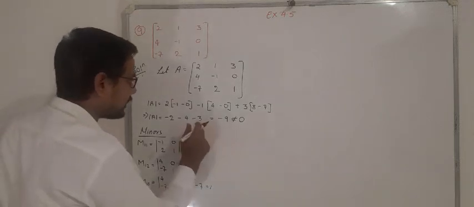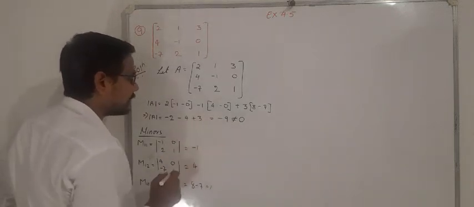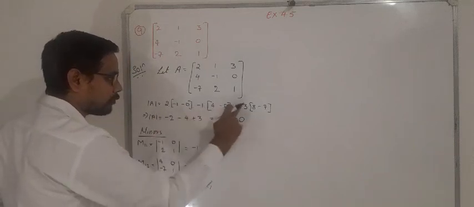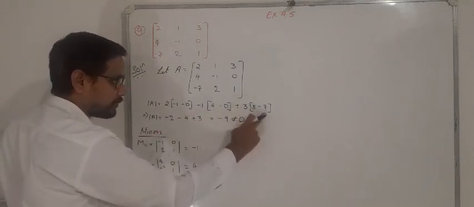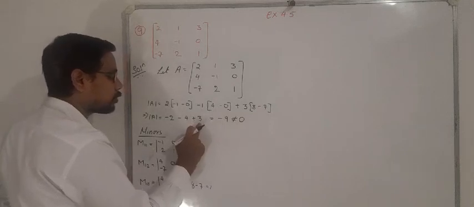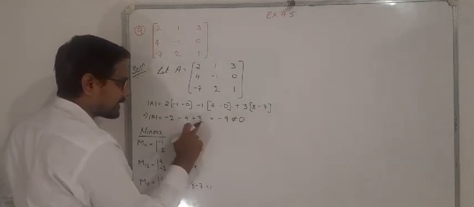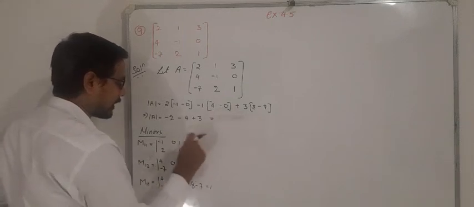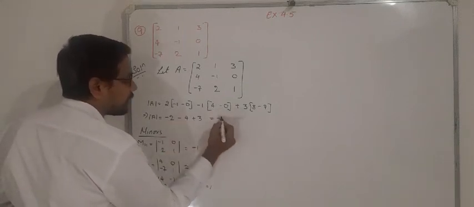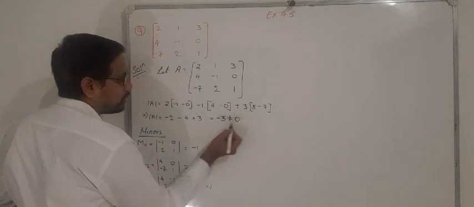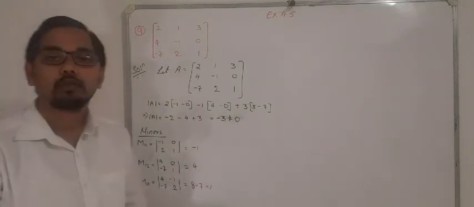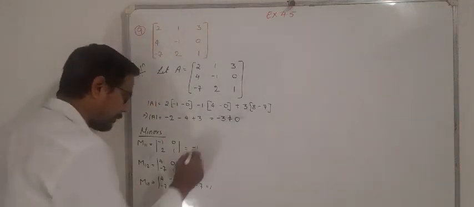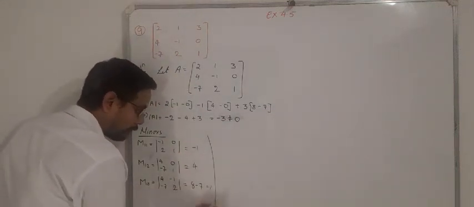There is a small correction in the earlier determinant: minus 2, minus 4, 8 minus 7 is plus 1, into 3 is plus 3, so minus 6 plus 3 is minus 3, and it is still not equal to 0, so we can find the inverse. We have found M11, M12, M13.